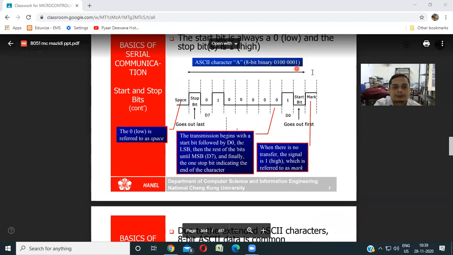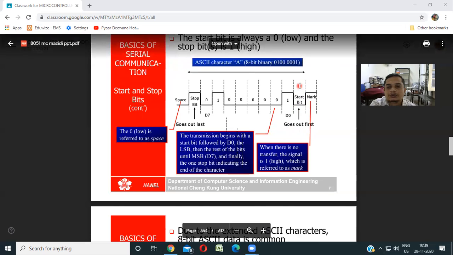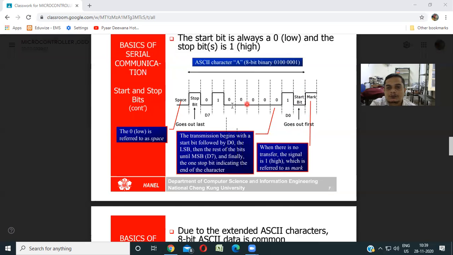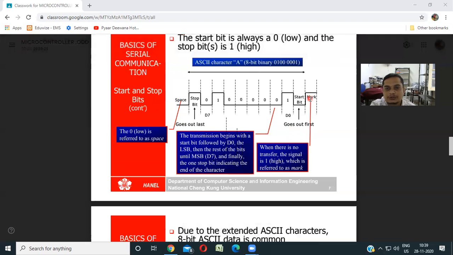This is called a frame. Here you can see the start bit. At the receiver, the start bit is received first. While transmitting the data through the wire in serial communication, the first bit which is sent out is the start bit.